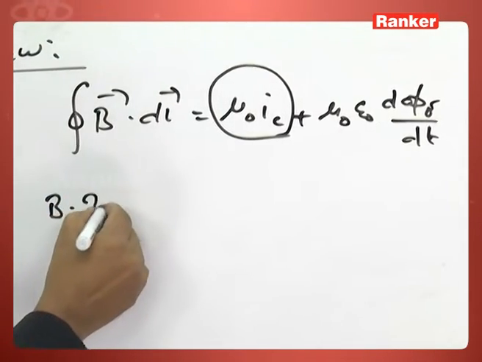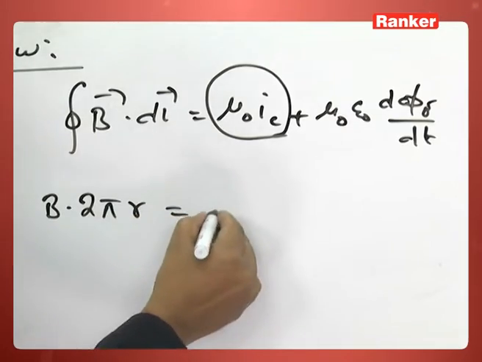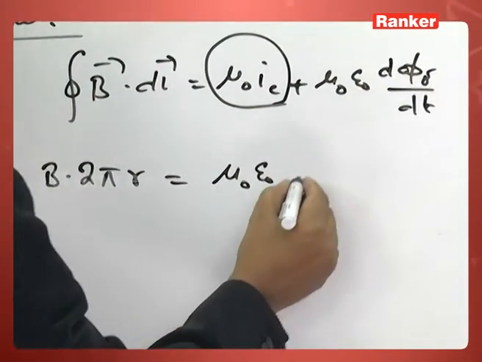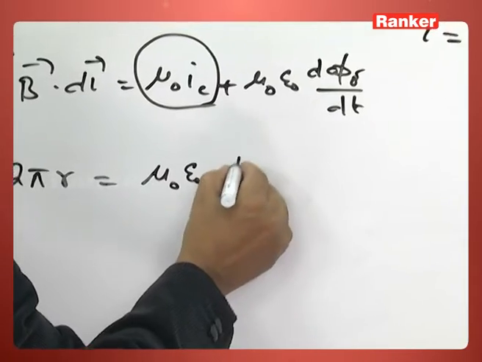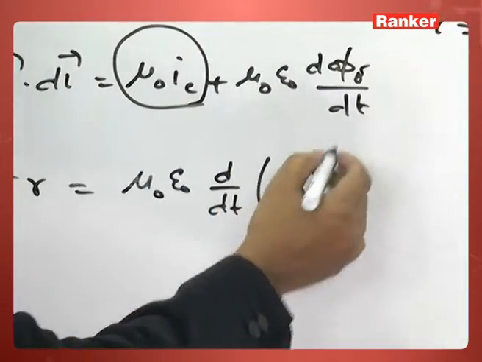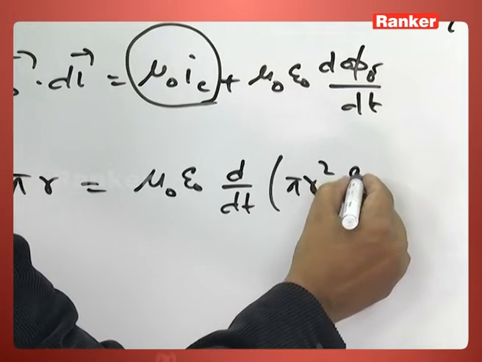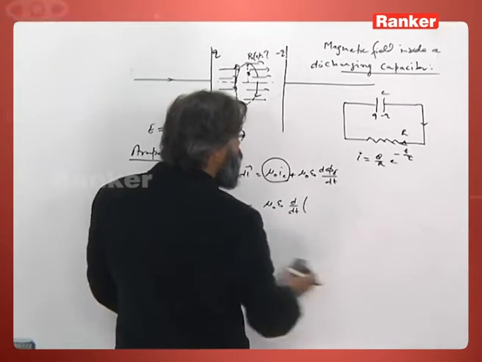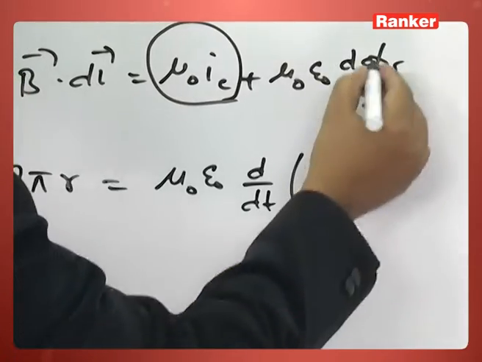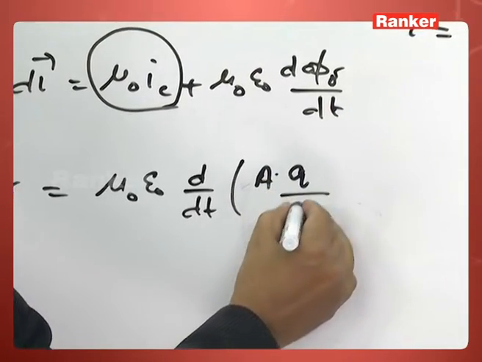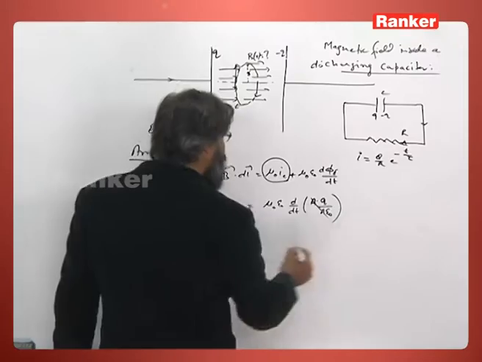The integral of dl means it is 2 pi r, and this is mu naught epsilon naught d phi E by dt. The electric flux is d by dt of the electric field times pi r square, which is constant. So electric field is Q by A epsilon naught, and the A cancels out.